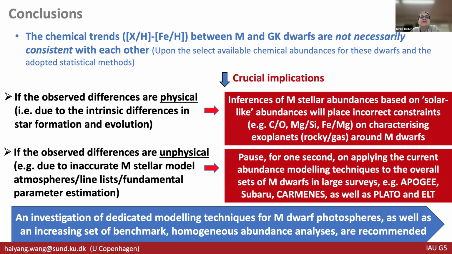You said we should pause applying the techniques to large sets of M-dwarfs, but if you want to study trends, for example with temperature, is that possible with the currently available abundances and similar statistical methods for the sample, or would we need more abundances, even if the models are not perfect yet, just to study the models?